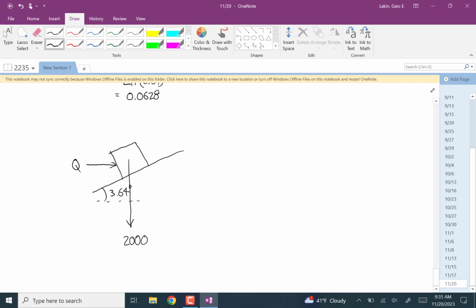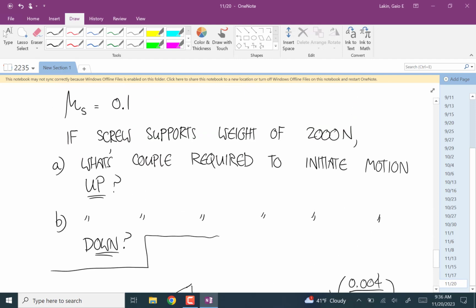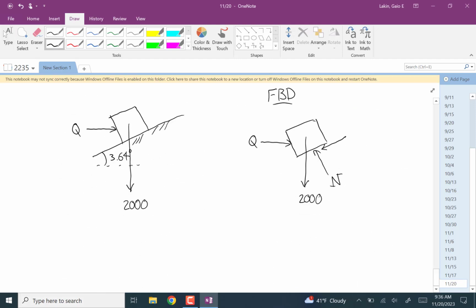Well, I'll draw this stuff in a free body diagram, I guess. So, free body diagram. We have a weight force of 2,000 newtons. An applied horizontal force Q. A normal force N. And if we're trying to initiate motion up this ramp, the friction force is down. And that's going to be equal to the coefficient times the normal.